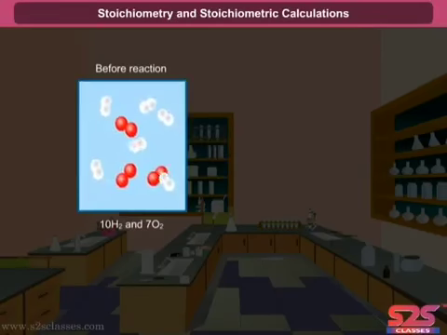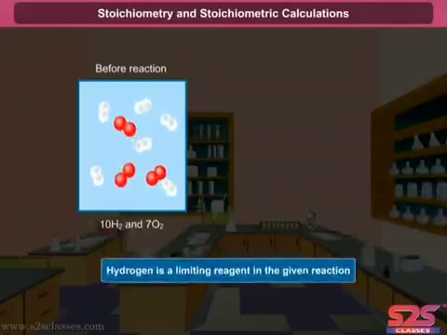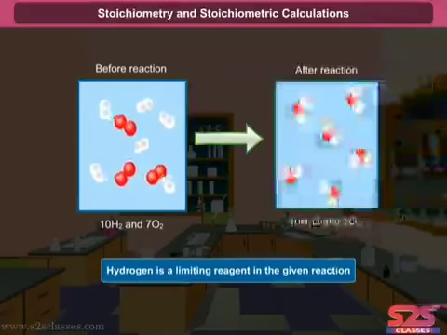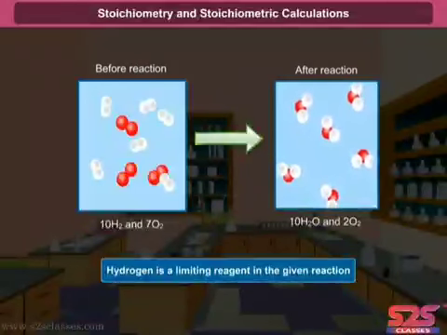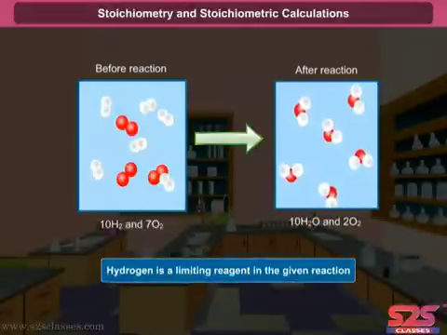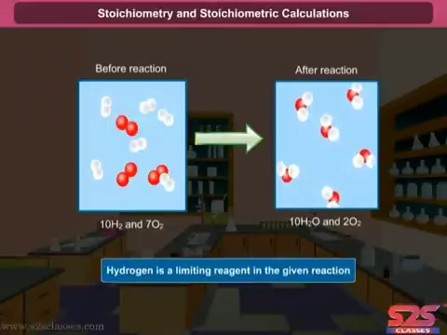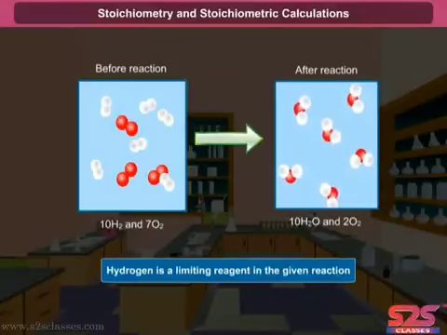For example, 10 molecules of hydrogen and 7 molecules of oxygen react and produce 10 molecules of water. It is found that 2 molecules of oxygen were retained after the reaction, whereas all the molecules of hydrogen were consumed in the reaction. Thus, hydrogen is the limiting reagent in the given reaction.